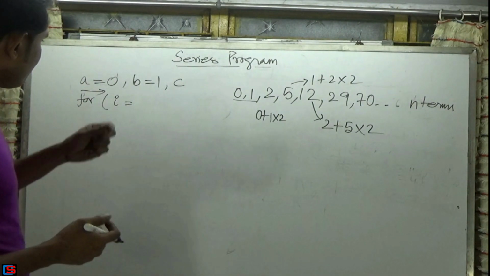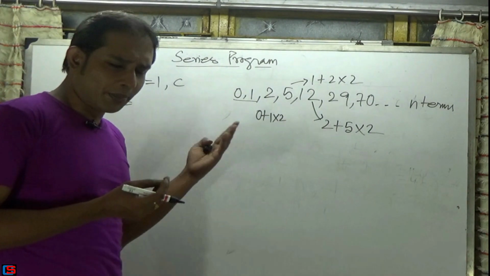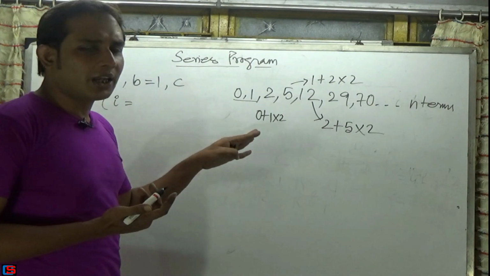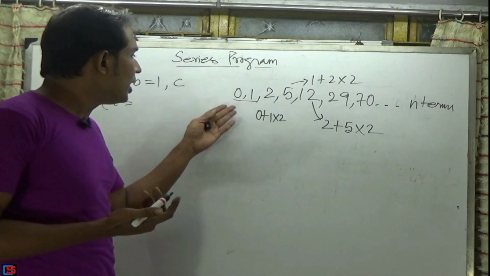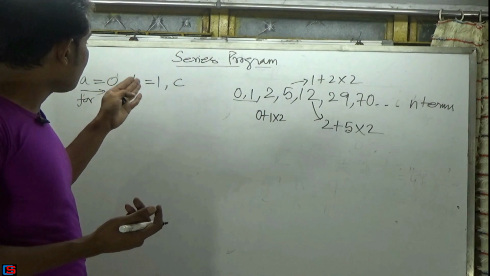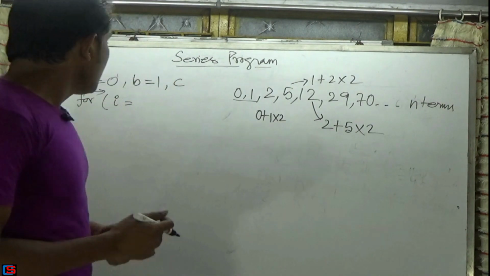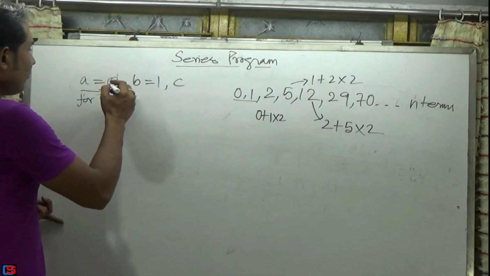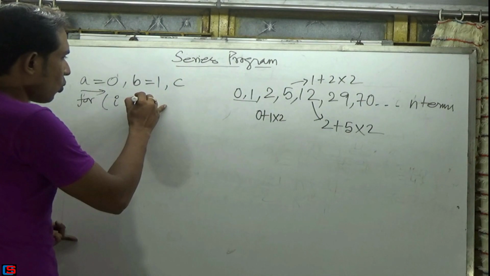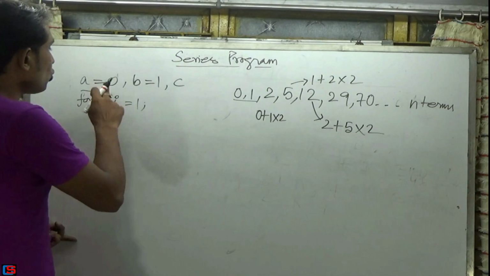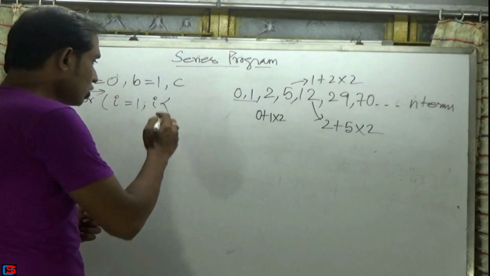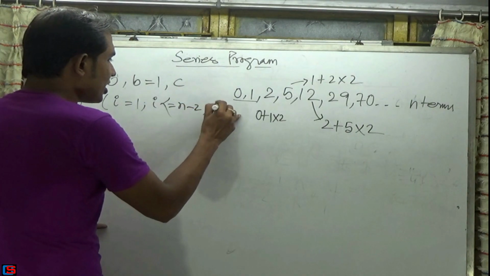Or you can also use an if, else if, else statement within the loop, and in this way you can print the 0 and 1 within the loop without printing the values of a and b before the loop. If I print a and b before starting the loop, then the loop will start from 1, and as the two values are already printed, I runs up to n minus 2 terms, increased by i plus plus.